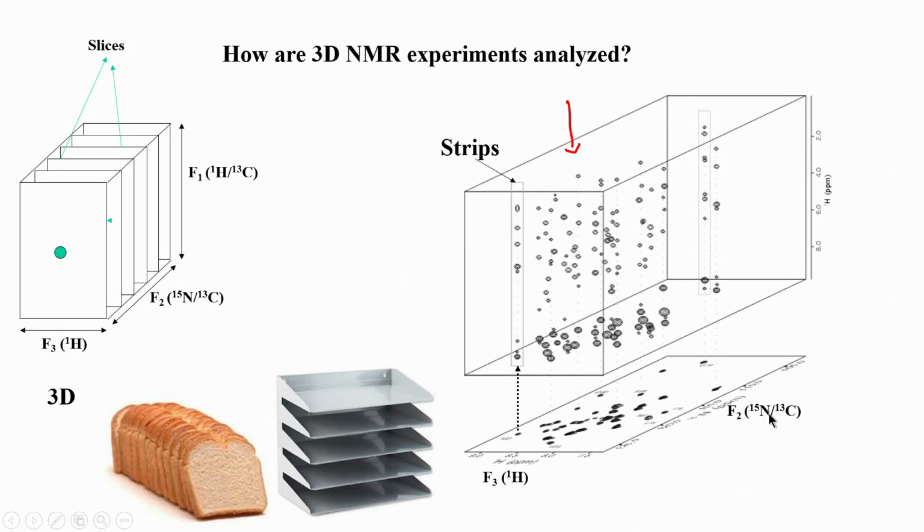So, this is a nitrogen or carbon HSQC, but for each peak in this projection, in the third dimension I am getting a set of peaks. This is how 3D experiments are constructed: for a given HSQC peak you will get a new set of peaks in the third dimension, and all these new peaks are new chemical shift correlations. But if I look from the top view, I do not see any of these; they all are compressed and you end up with a single peak in the 2D projection.